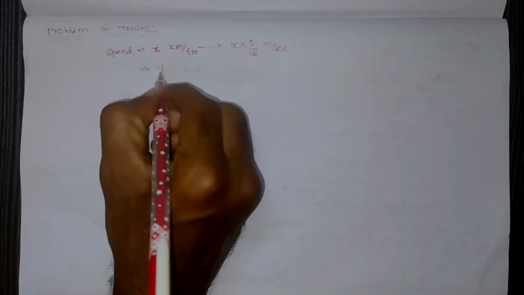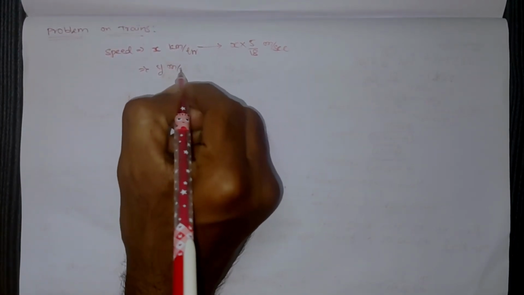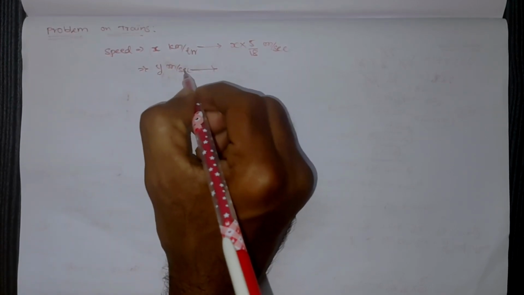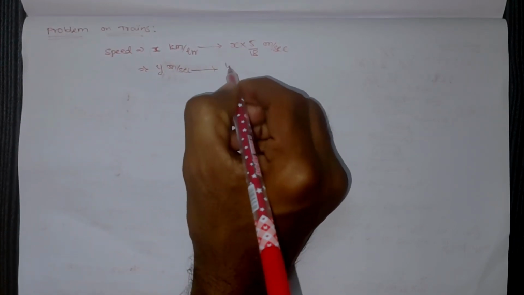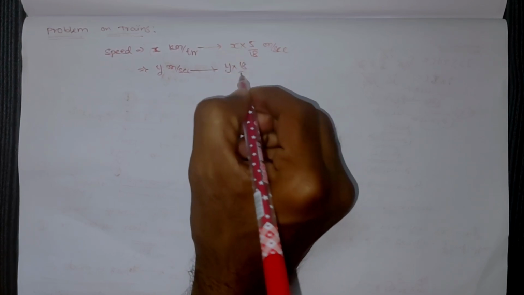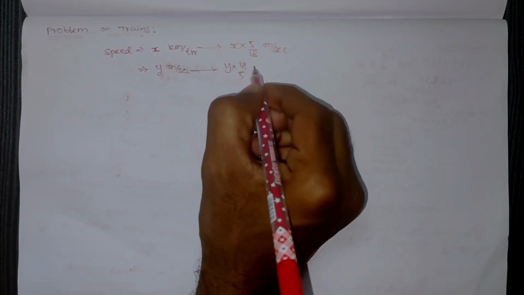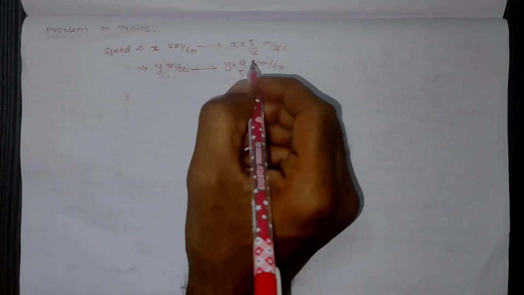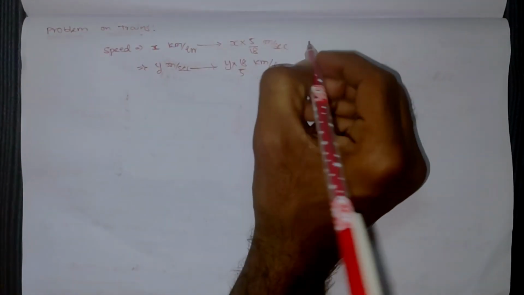And if we are given y meters per second as our speed, then to convert this meters per second to kilometers per hour, we can simply multiply that speed by 18 by 5. That will give us kilometers per hour. So this is the first and very important concept.